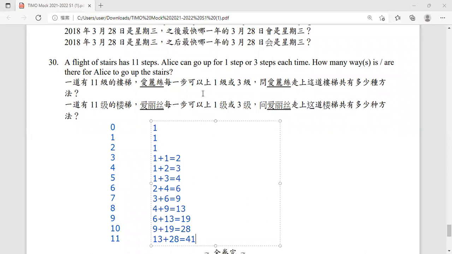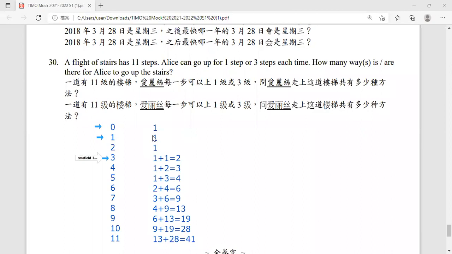Now, because they only go 1 step or 3 steps, for this step you must come from the first step or the 0 step.